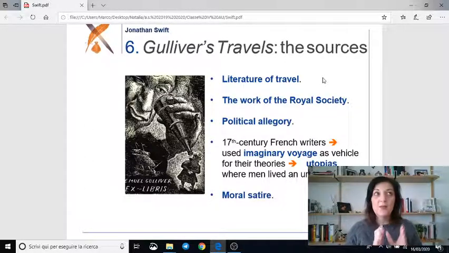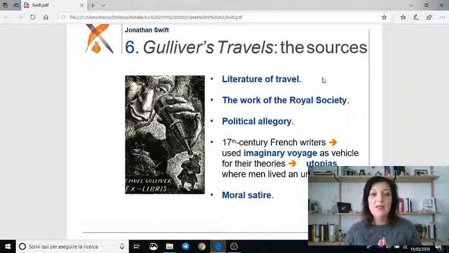We find, for example, in this period, most of all in French writers, those who deal with what in Italian we call utopie, or utopias. What are they? They are imaginary places where man lived an uncorrupted life, a life completely different from the life in Europe, most of all, and on the earth.